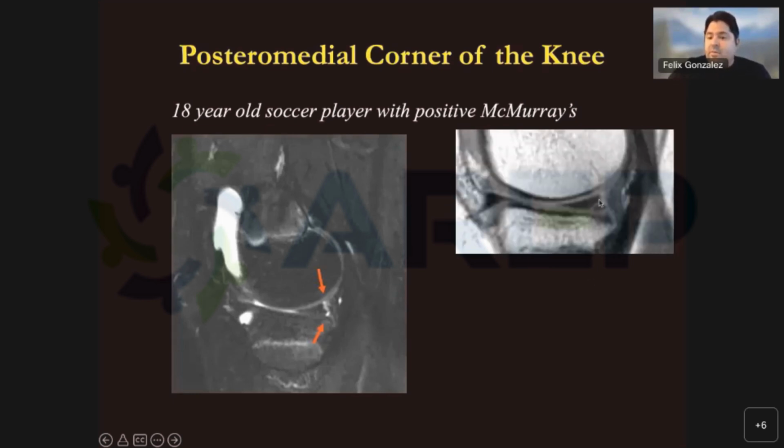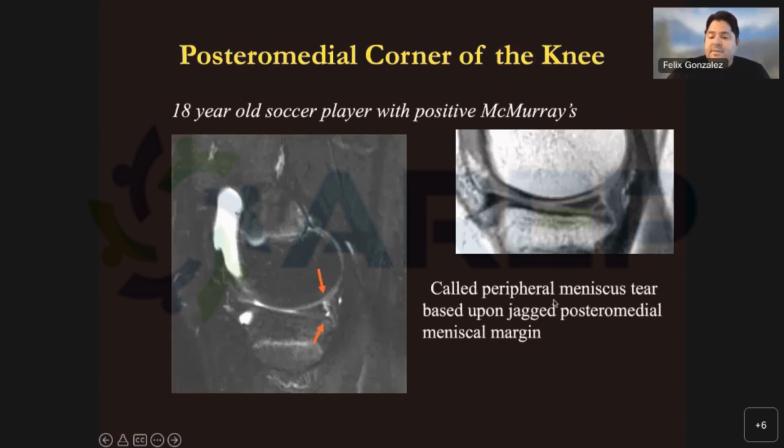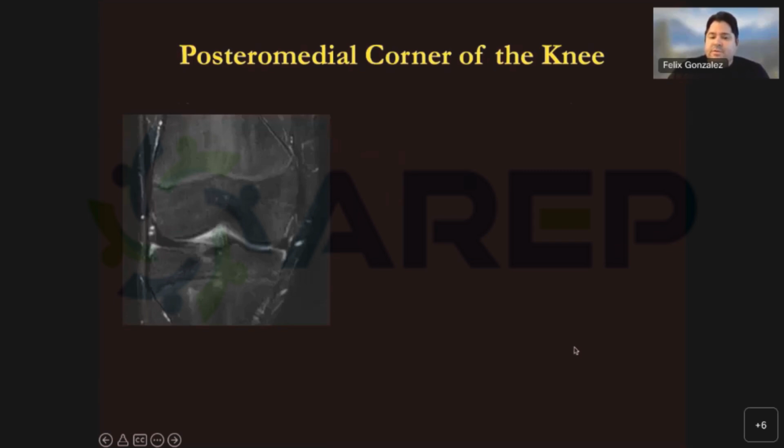And here's another oblique tear along the undersurface of that meniscus, the posterior horn of the medial meniscus. So this is basically the peripheral meniscal tear. You can see how irregular that junction is there. So this is something that we will call posterior medial corner injury with injury of the posterior horn of the medial meniscus. This person went on to have meniscal repair with suturing.